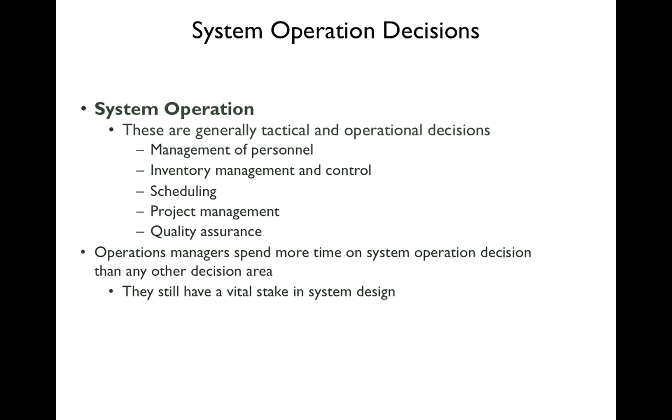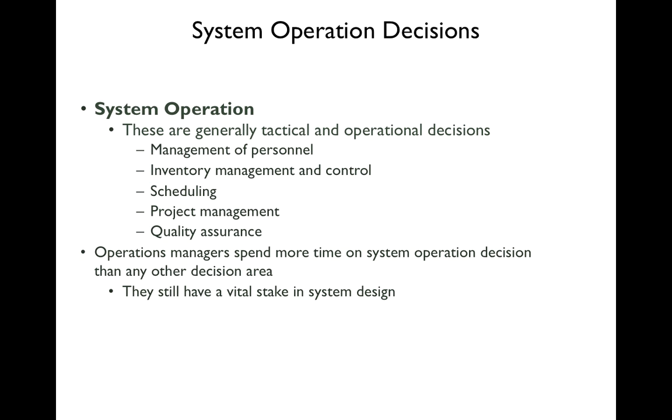Scheduling: the scheduling of people, the scheduling of your hours, the schedule to develop a product, and project management if you're going to try something new. And quality assurance, making sure that whatever it is that you're providing is quality.